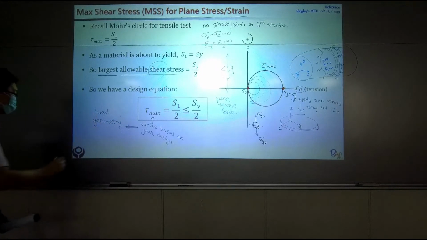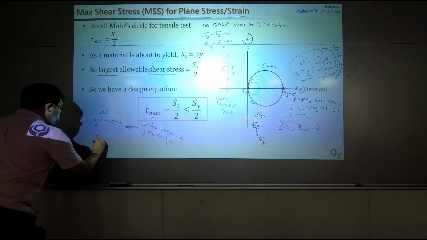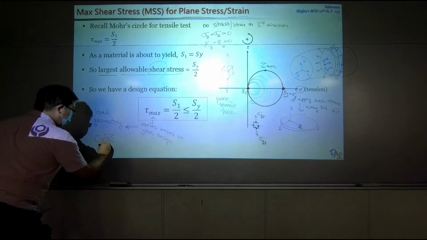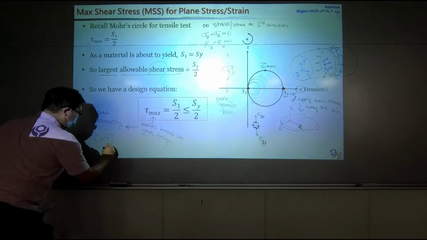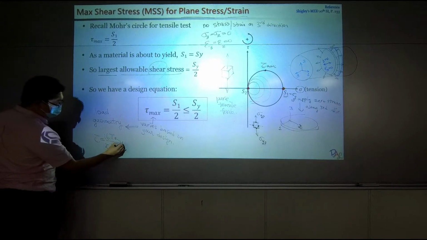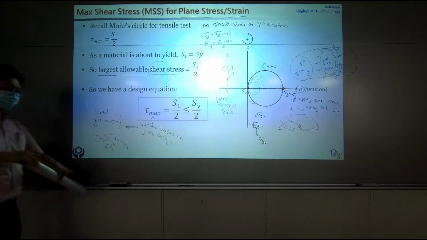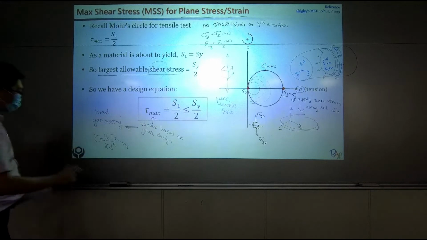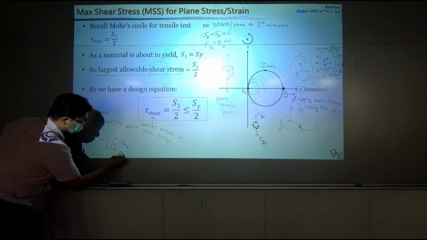Because if you take a look at tau equals 16T over pi d cubed, T is how much load you have. It's a torque, twisting torque. And d is about geometry, right?